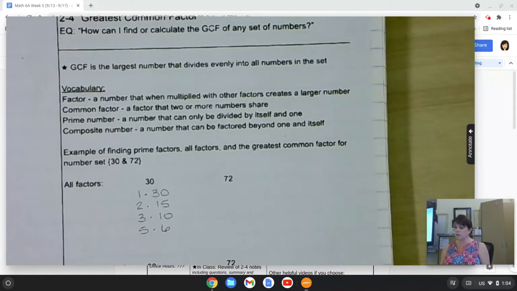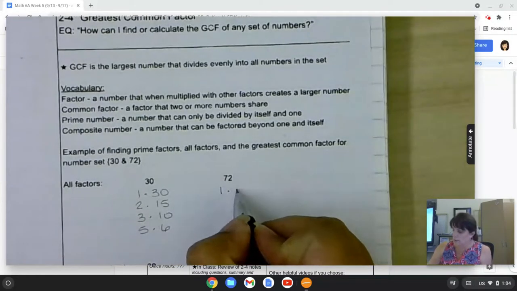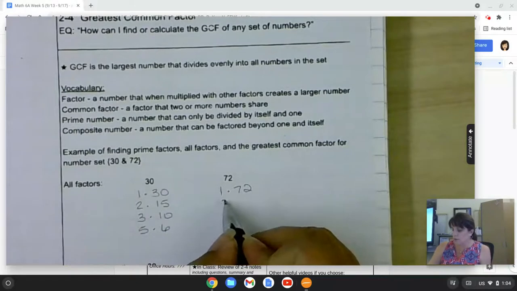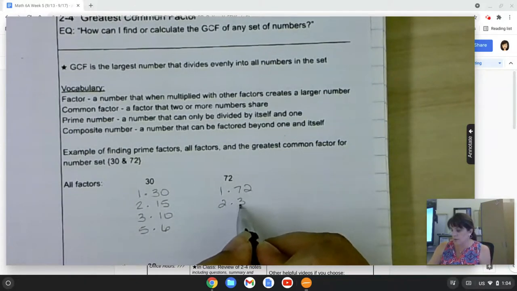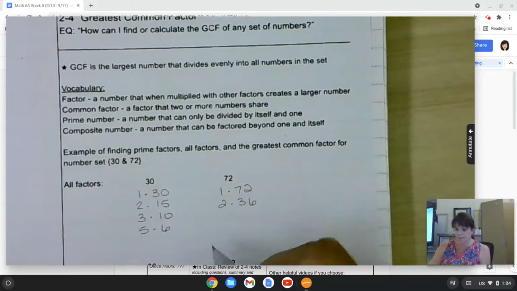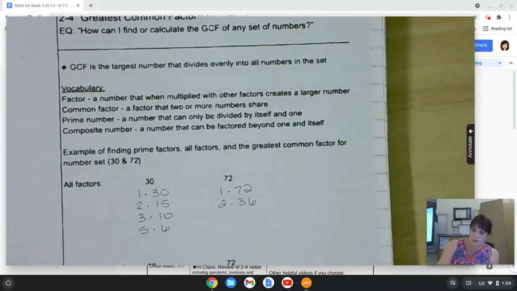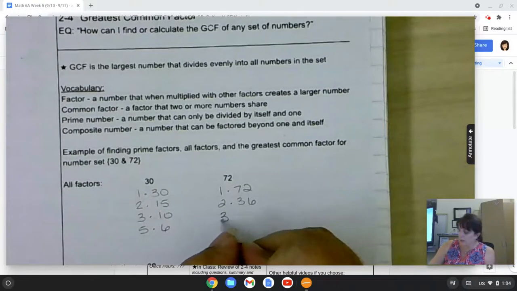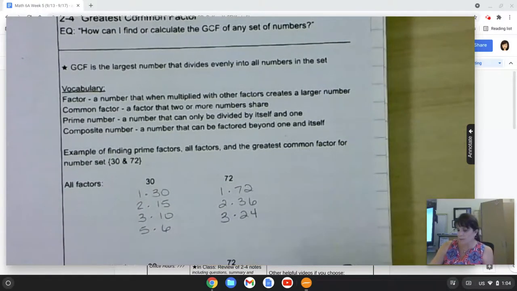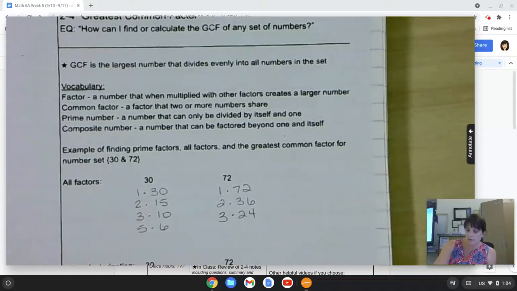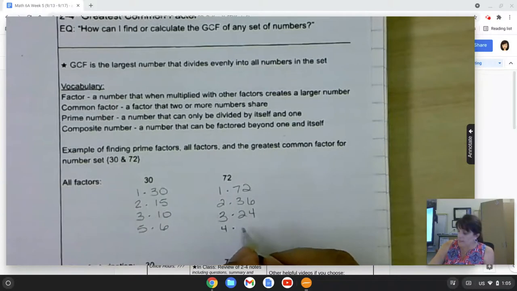What about 72? 1 times 72. 2 times 36. 3 times 24. 4 times 18.